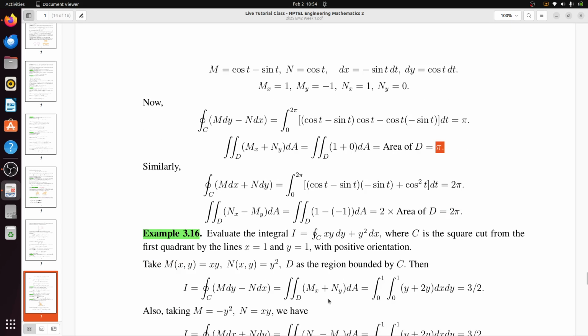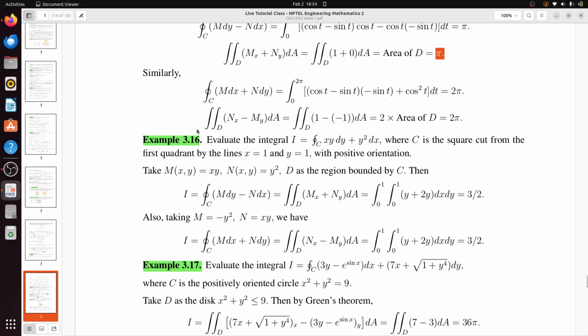So your m is xy, n is y square, and D is the region bounded by C. So what is your m dy minus n dx? You use Green's theorem, double integral over D of mx plus ny dA.